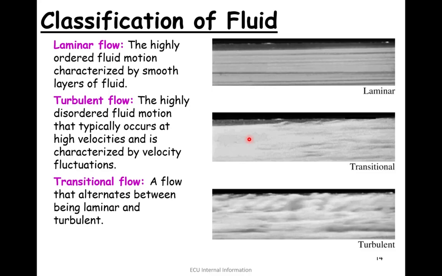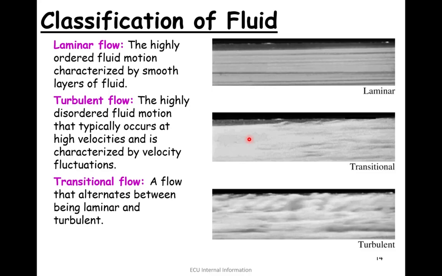That means with your eyes you can look through and nothing seems to happen. We will have one lab session in which we do an experiment on the Reynolds apparatus, and then you will understand better what is meant by laminar, turbulent, and transitional flow. Transitional flow is a flow between laminar and turbulent.